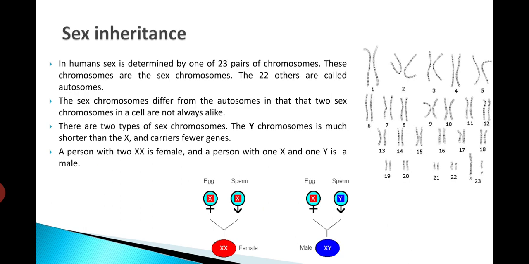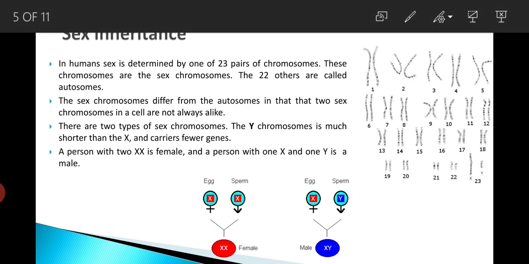The second point we are going to discuss in this video lesson is sex inheritance. We know that we have 23 pairs of chromosomes, and the last pair of chromosomes are the sex chromosomes.